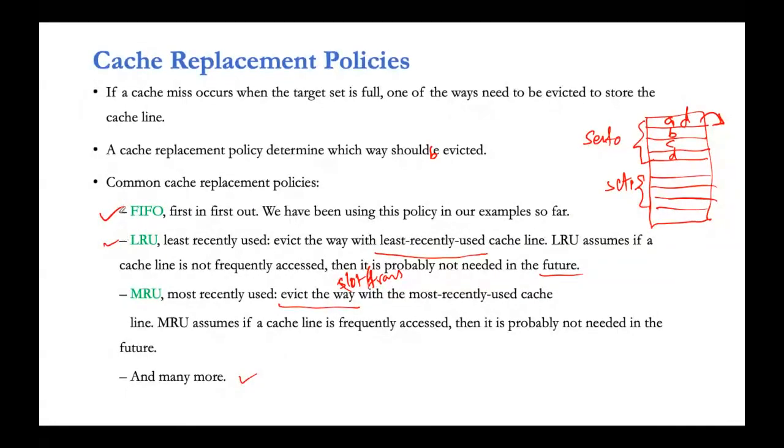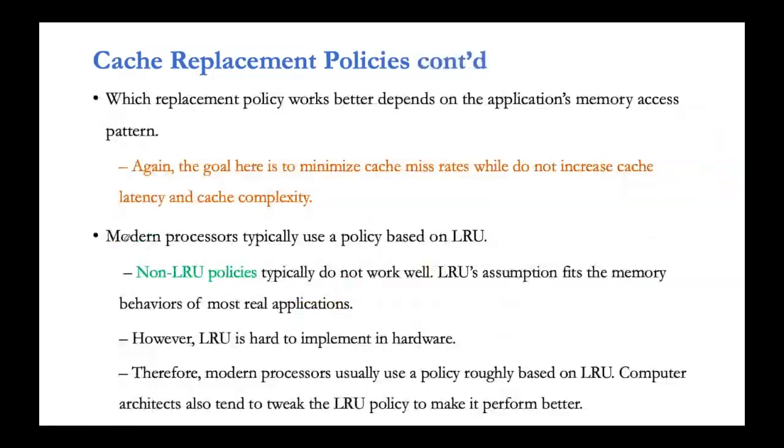But most modern processors follow the least recently used cache replacement policy, which we will discuss. Which replacement policy works better depends on the application's memory access pattern. The goal here is to minimize the cache miss rate while not increasing the cache latency and cache complexity.